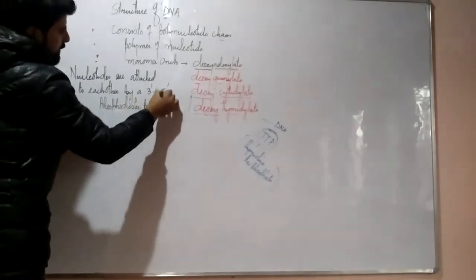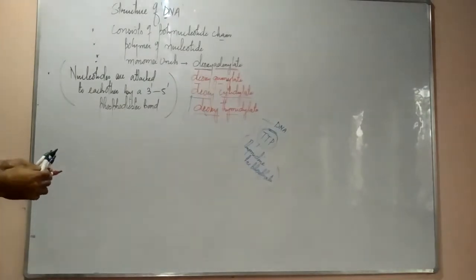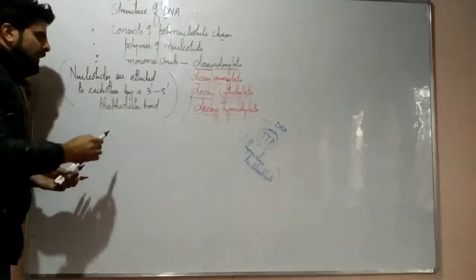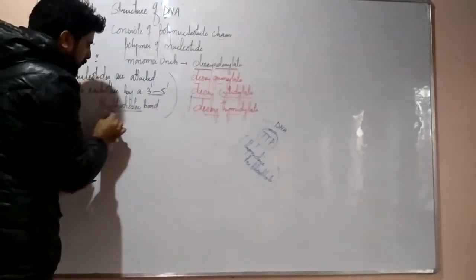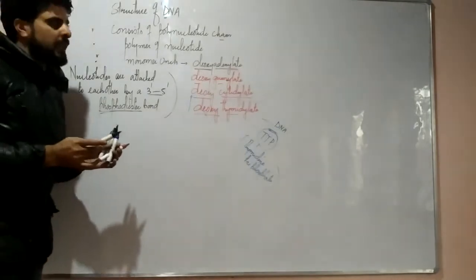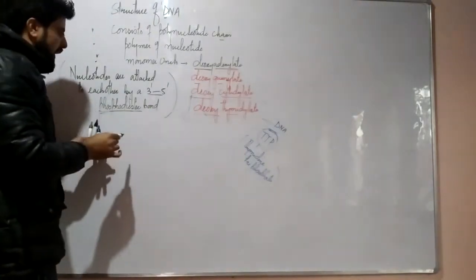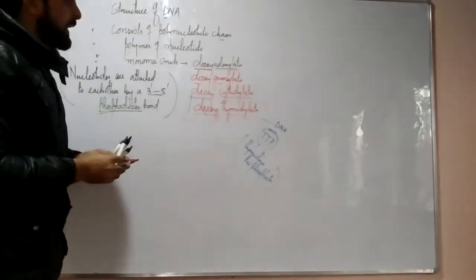This is the most important thing. The nucleotides in case of a DNA or in case of a RNA are attached with the help of a bond known as a phosphodiester bond. We will see how this bond formation occurs in case of a DNA, and we will also check why this bond is known as a phosphodiester bond.